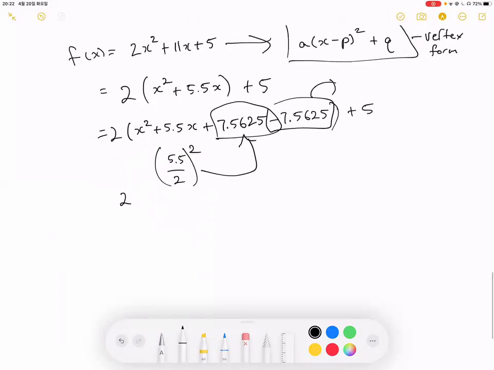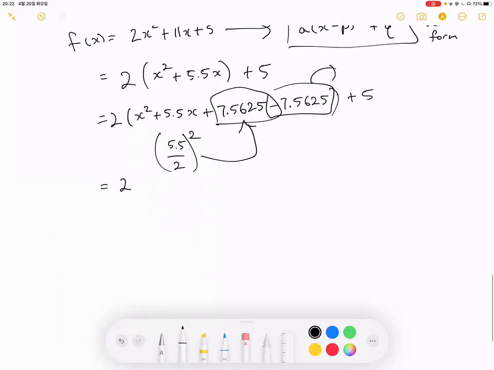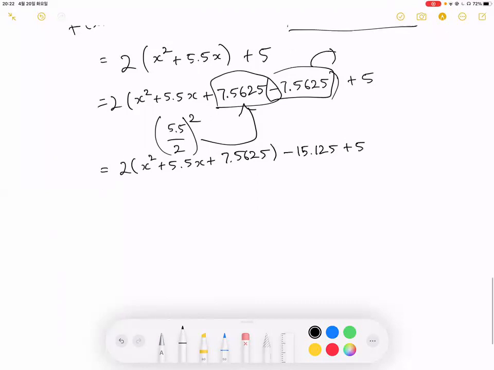Which now you get 15.125. So this would be equal to 2 times x squared plus 5.5x plus 7.5625, negative 15.125, plus 5. Okay.